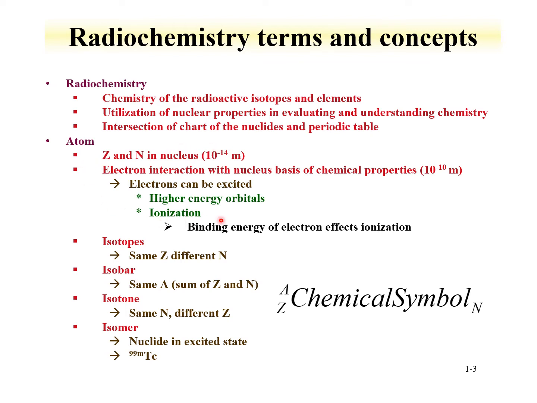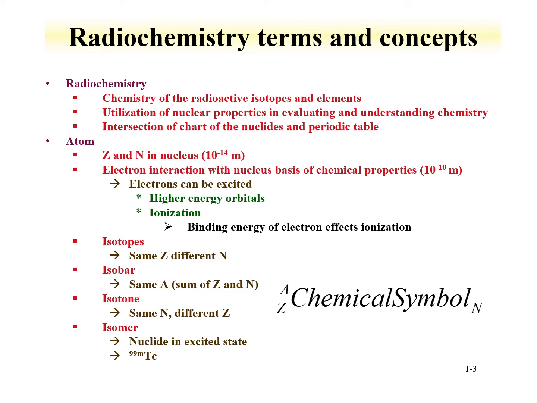And electron interactions with the nucleus are going to be the basis of chemical properties. Electron orbitals are on the order of 10 to the minus 10 meters. So the bulk of the radius and volume of an atom is composed of electrons, but the bulk of the mass, the small area, is occupied in the nucleus.